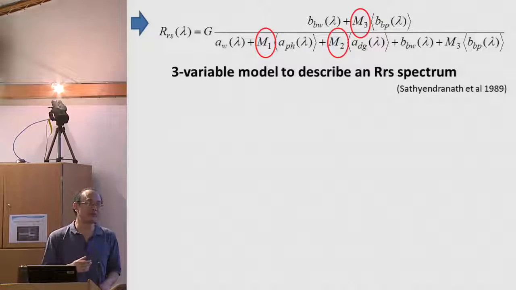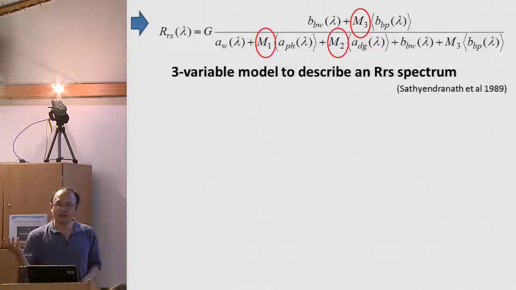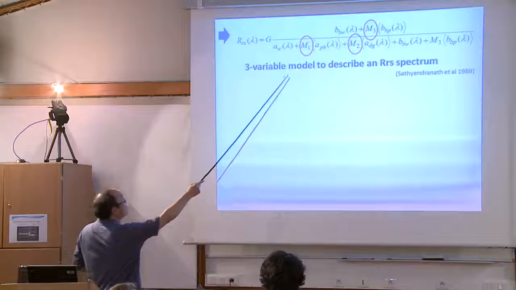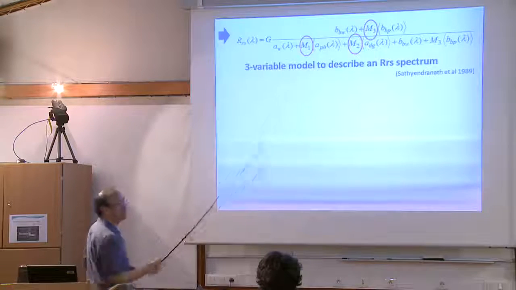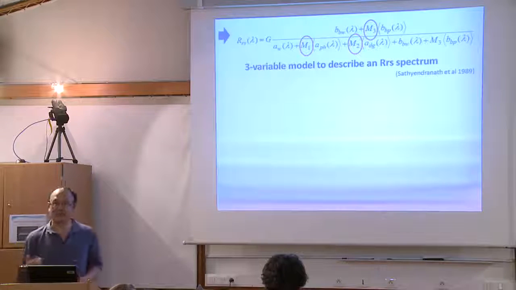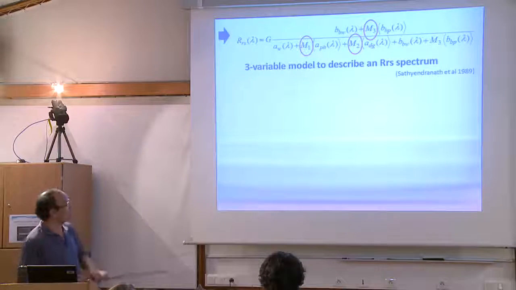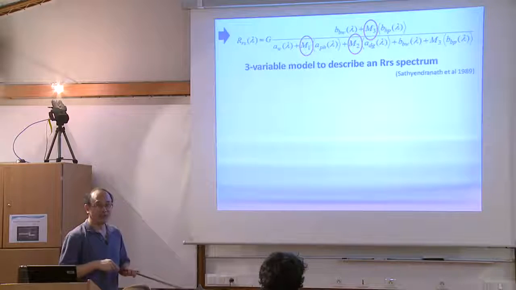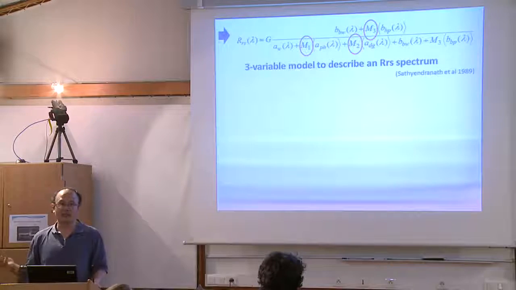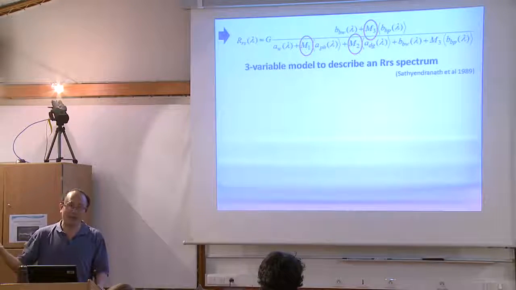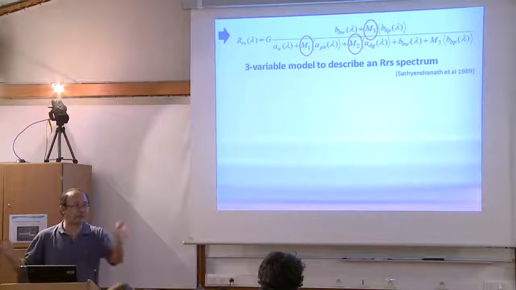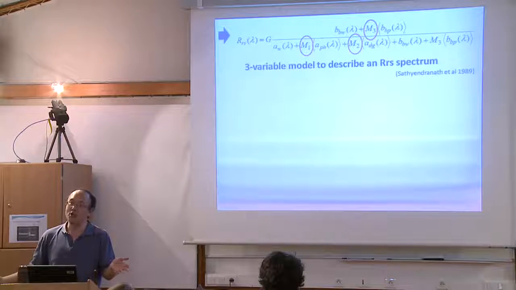And this has been practiced for more than 20 years. What we really need to figure out is how aph, adg, and bbp should be specified for specific locations, specific waters. When there are only 3 variables, if remote sensing reflectance has more than 3 bands spread from blue to red, then we should be able to solve for these 3 variables, right?